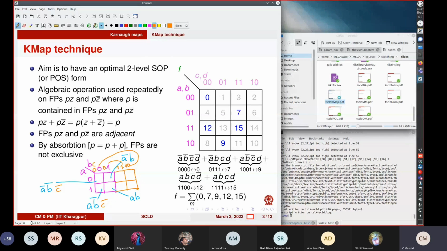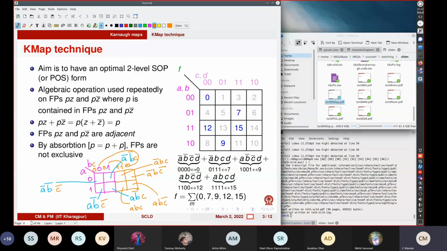Here it is still A bar, but now it is B bar C. Then this one is A bar B C, this one is A bar B C bar, this one is A B C, and this is A B C bar.